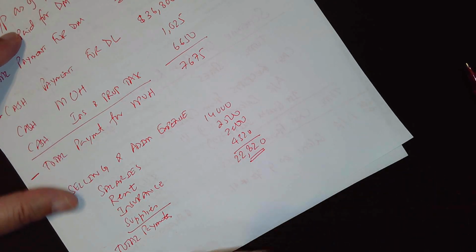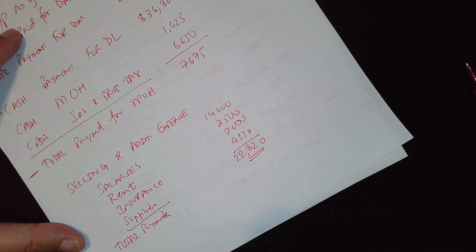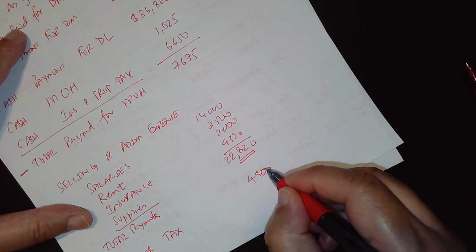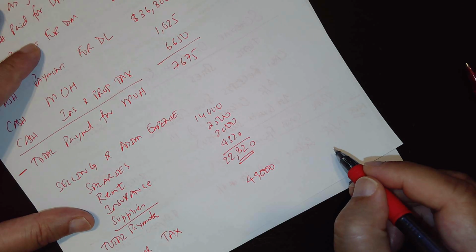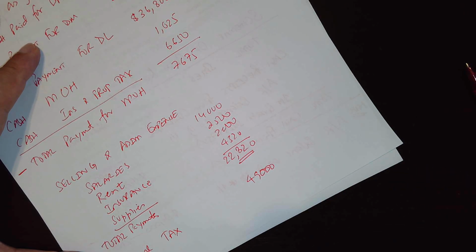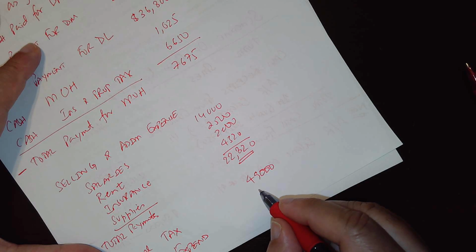Income tax we have to pay. We have already been given this number of $49,000. And then total payment for capital expenditure is $41,000.